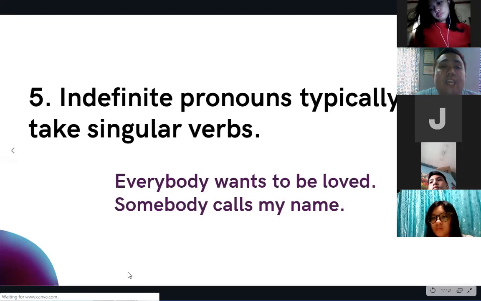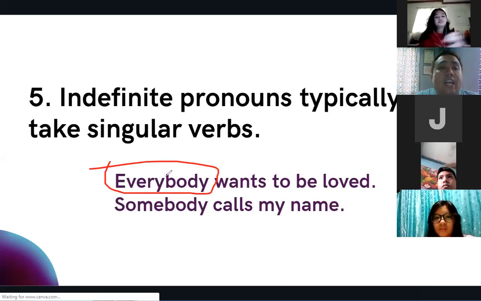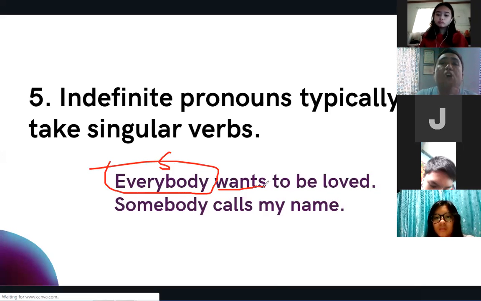Okay, so example natin, everybody. This is an example of an indefinite pronoun, everybody. Okay? Dahil siya ay singular, dapat yung verb ay singular once. Again, if the verb has an S, ibig sabihin singular. Magka-opposite sila ng noun. Pag ang noun may S, plural. Pero pag ang verb may S, singular.